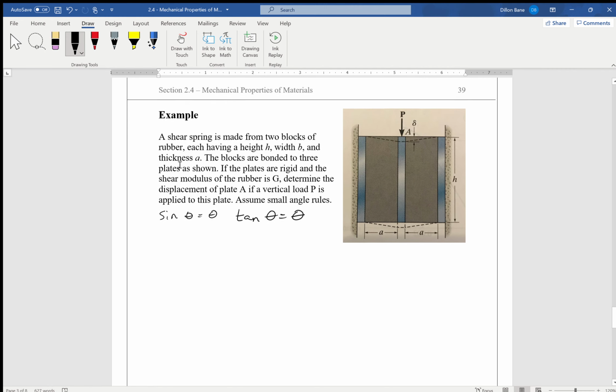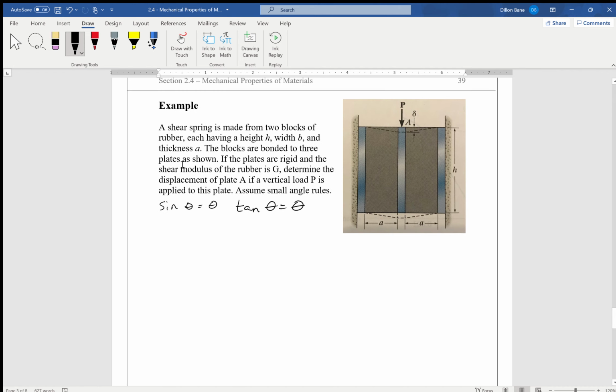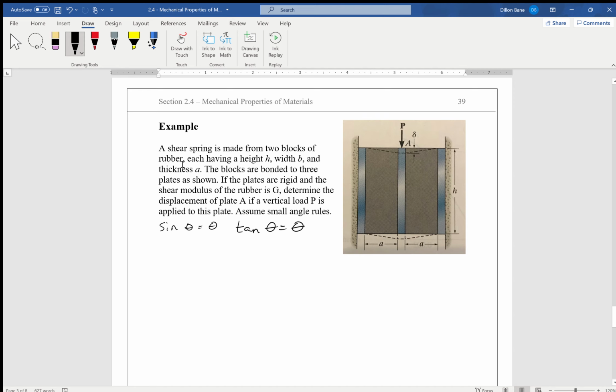Let's just start off with our free body diagram. I just want to ask a conceptual problem first.